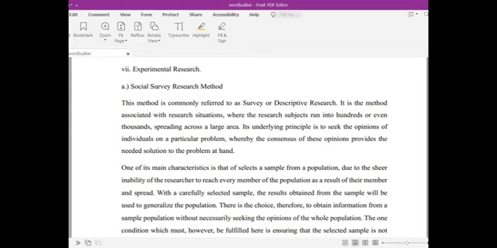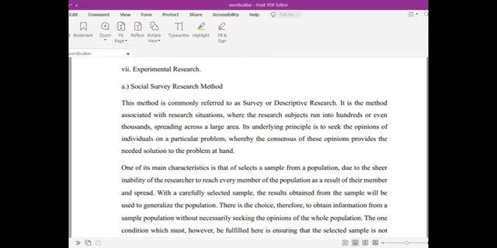Its underlying principle is to seek the opinions of individuals on a particular problem, whereby the consensus of these opinions provides the needed solution to the problem at hand. Remember we said that no man is an island. So if you're running a research project, you need to get opinions from as many people as possible.